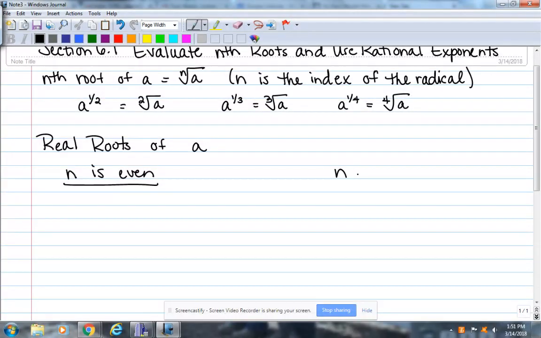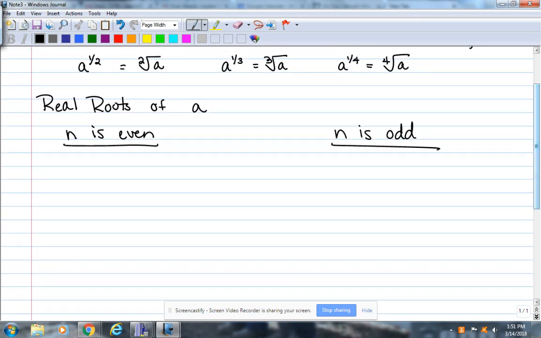So we get different things that happen when n is even and when n is odd. So if your term under the radical, which is your A term, is less than 0, which means it's negative, you will have no real roots.